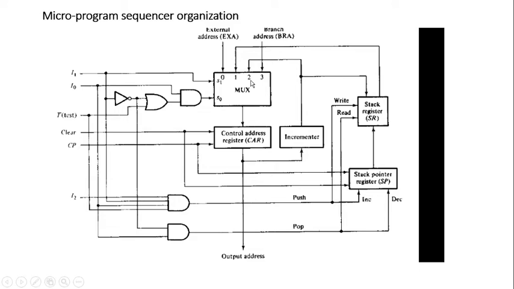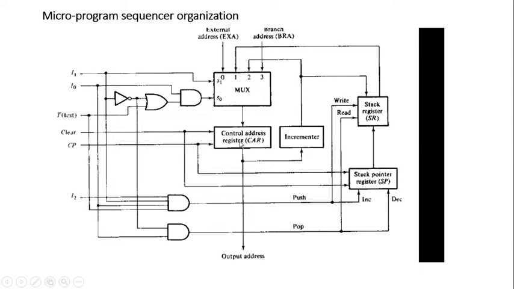And what about this input 2? Input 2 means that whenever the value of the selection pins is in the form 1 0, S1 equal to 1 and S0 equal to 0, what is the meaning? This means we want to perform just an increment operation.